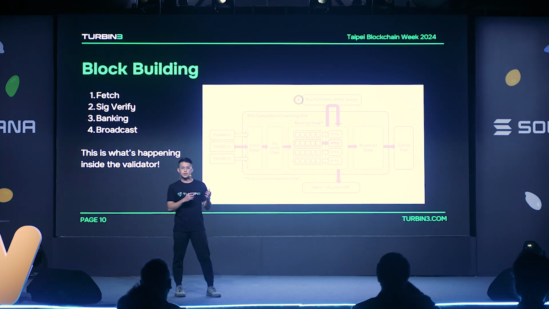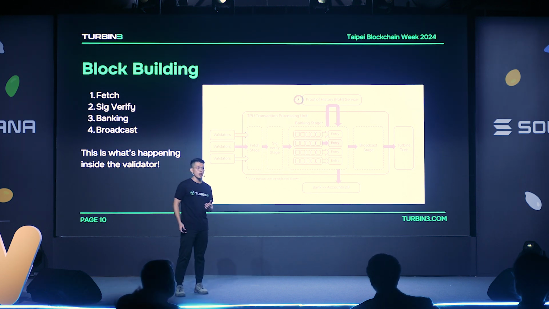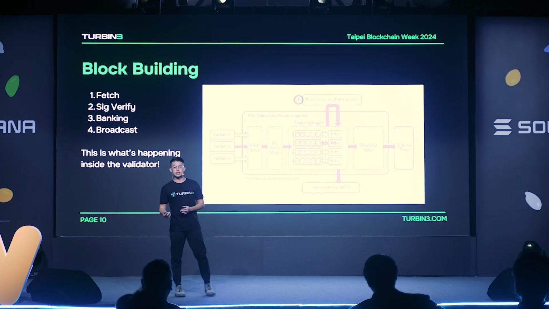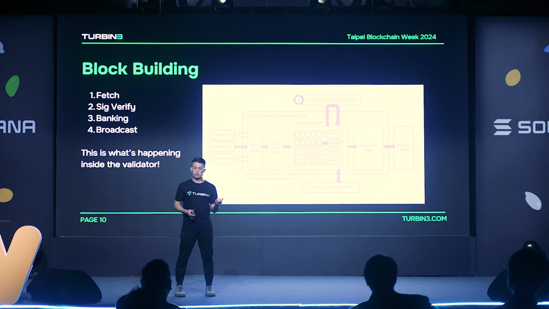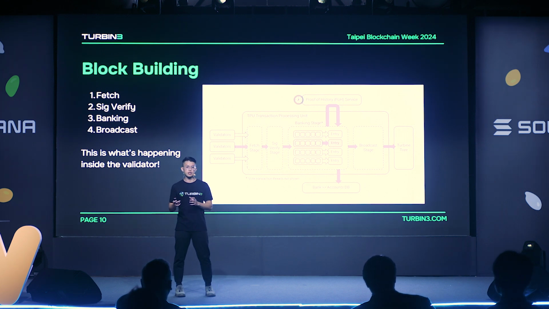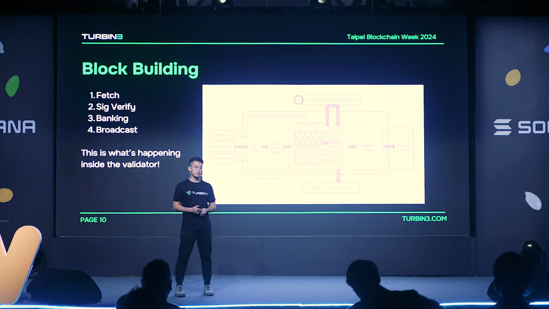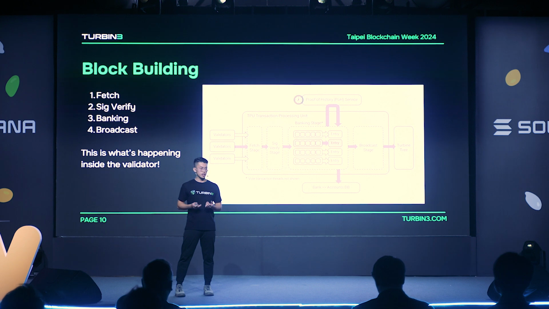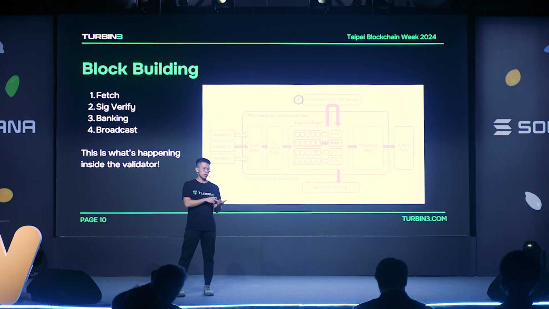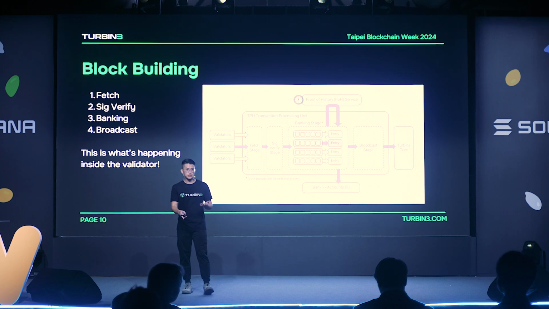The leader validator needs to receive the transactions from other validators. That's what the fetching stage does. Later on, they need to verify the signature inside the transaction so that the transaction can be included inside the block.